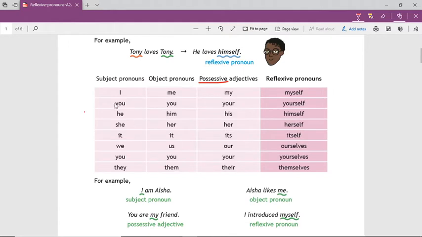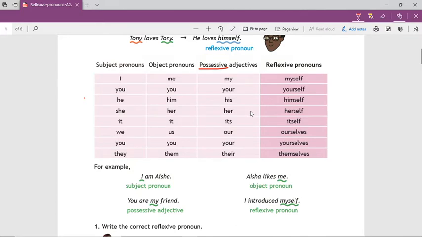With you, you've got you for the subject pronoun, you for the object pronoun, your for the possessive adjective, and this becomes yourself. So if you're talking about, for example, Tony loves Tony, that becomes you love yourself as another way of doing it. And the next one we've got he for the subject pronoun, him, his, the male gender, and that becomes himself.